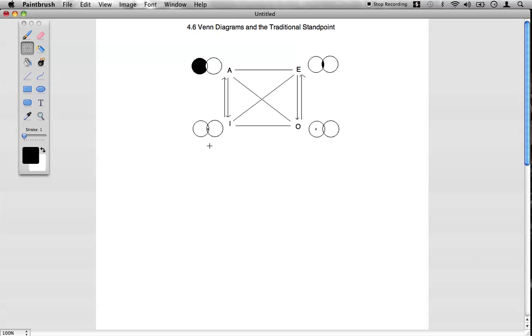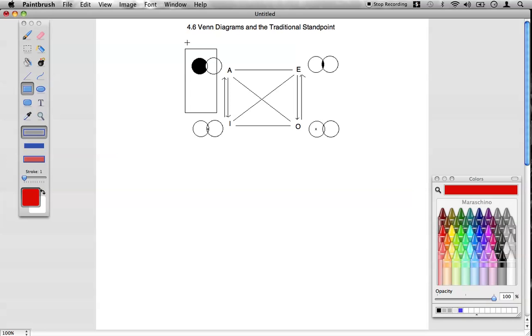what we need is an existential marker, because strictly speaking, looking up here, there's no X there, so I can't actually conclude that some S are P. So you can see that our original Venn diagrams, as indicated by these Venns here, do not actually inferentially relate to each other.